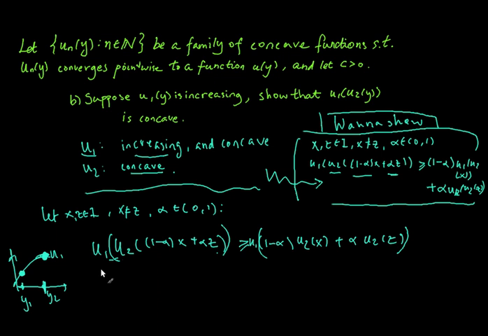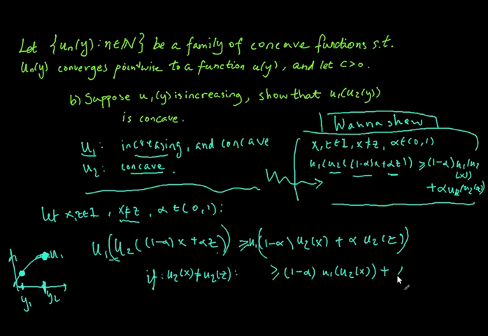So we do this, and then we consider this part where, well, we can say if u2 of x is different from u2 of z, then we can apply the definition of concavity for u1 and reach this fact. Now note that I can only do this if u2 of x and u2 of z are different from each other, because that's one of the notions that must hold for us in order to use the definition of concavity.